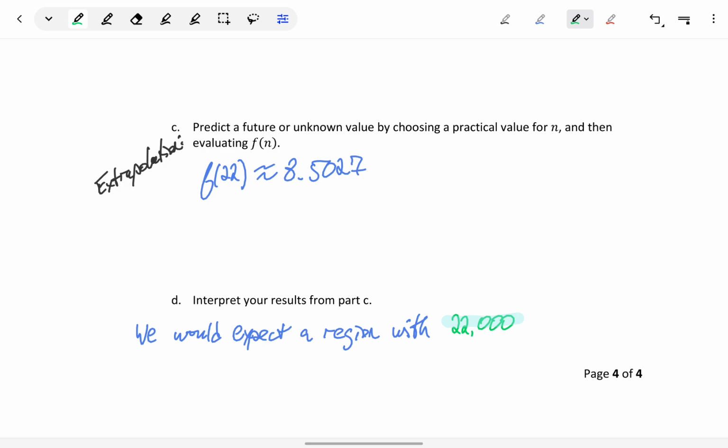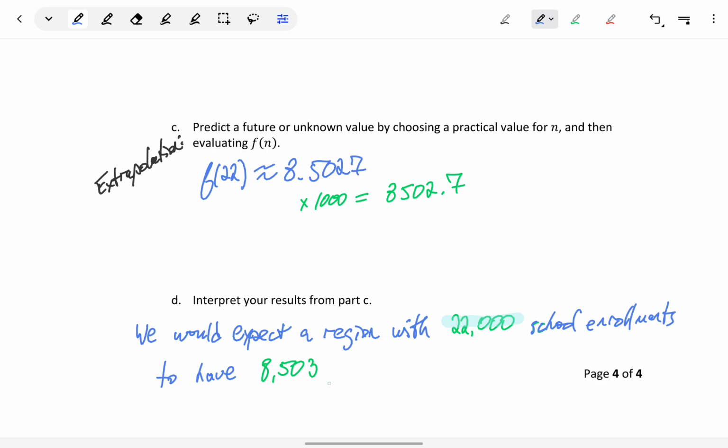We would expect a region with 22,000 school enrollments to have 8.5027, but if we multiply that by 1,000, and then we would intuitively round, since we're talking about a number of people, we would expect that region to have 8,503 people living under the poverty level.